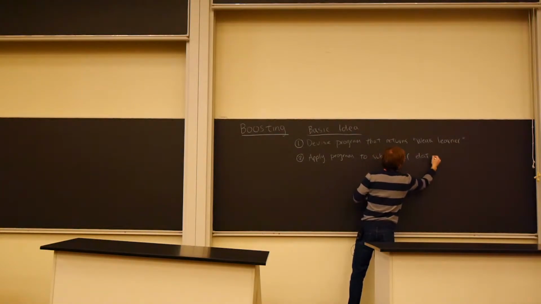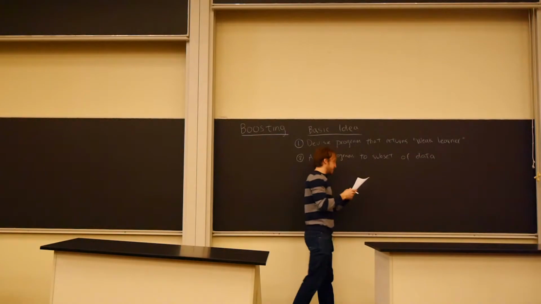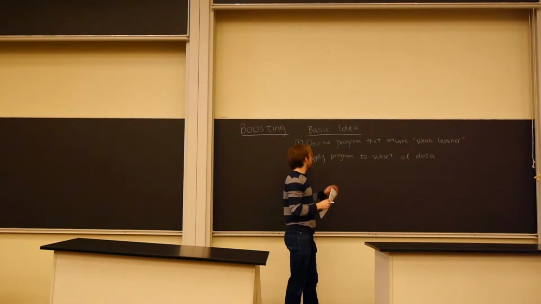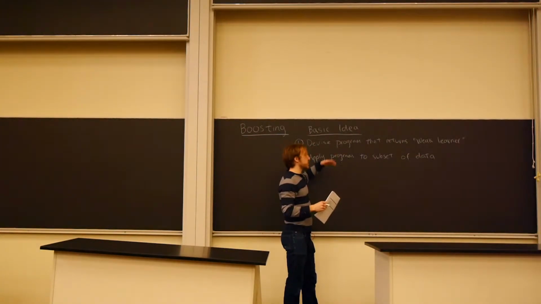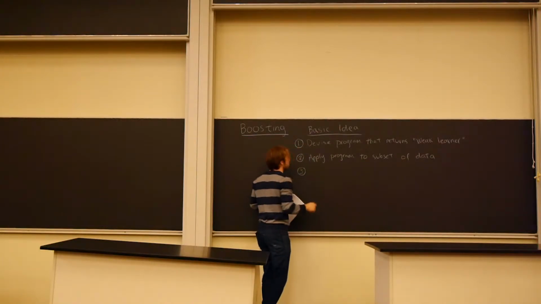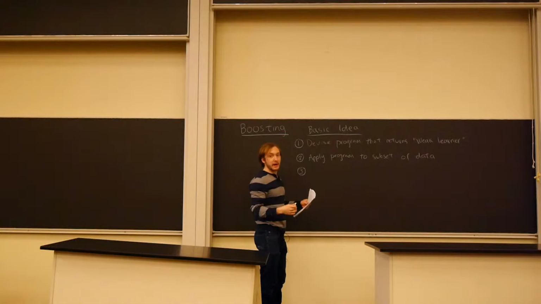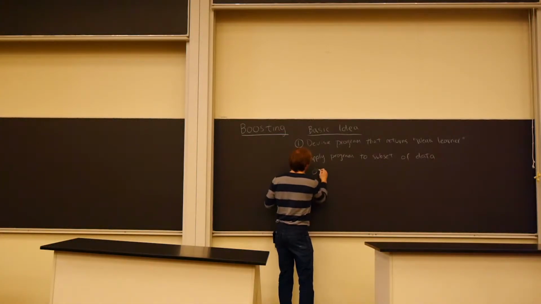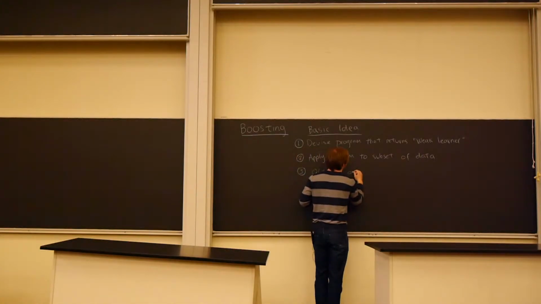After we've applied our program to a subset of data, this returns a weak learner. So it returns one given rule of thumb for doing binary classification. We can write this as obtains one weak learner.